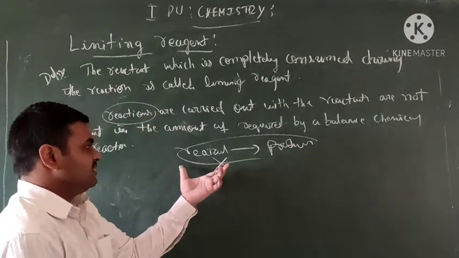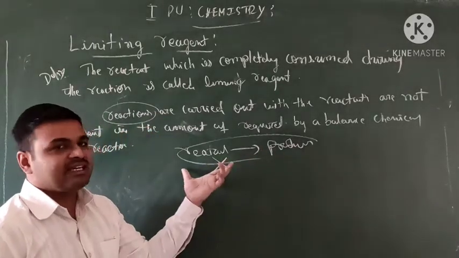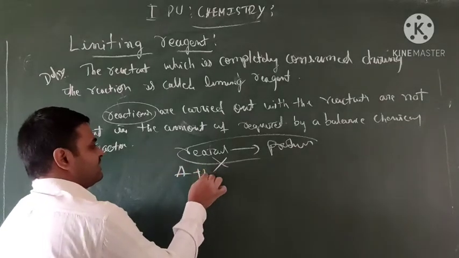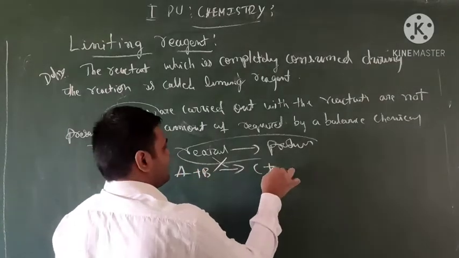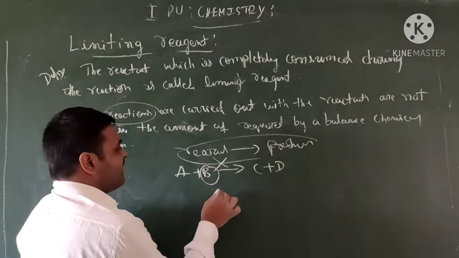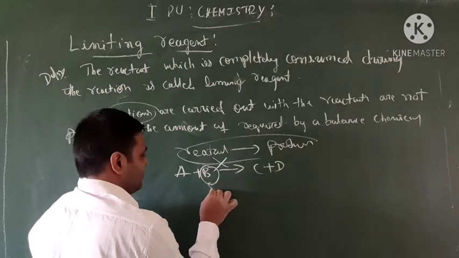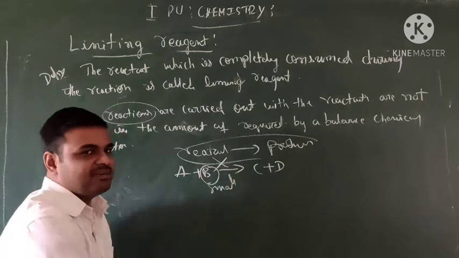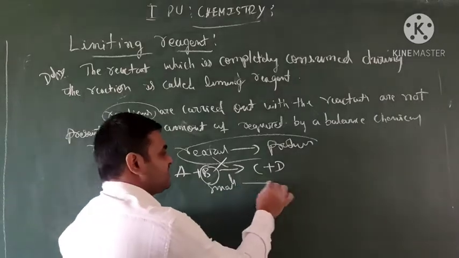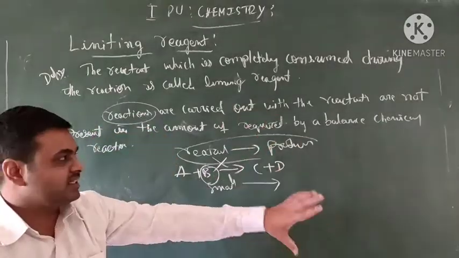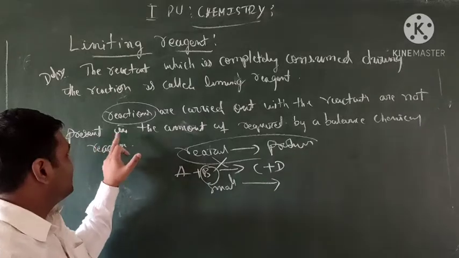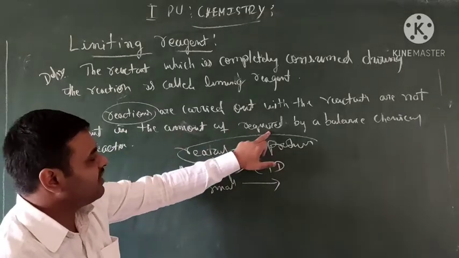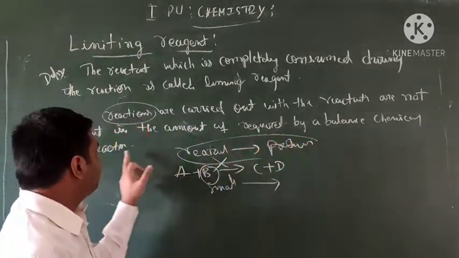That means, to get the product, how much reactant is required? A plus B is equal to C plus D, but the B value is very small, a little less. But the reaction completes and gives us the products. That is the amount required by the balanced chemical reaction.